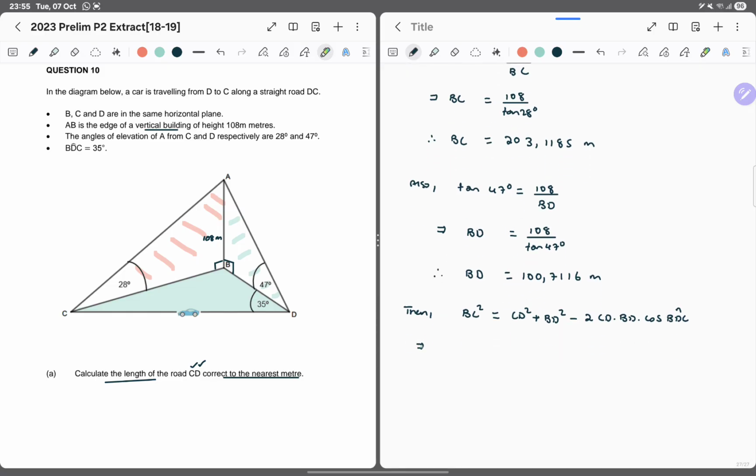Right, so let's substitute. What did we get BC to be? We saw that it's 203,1185.